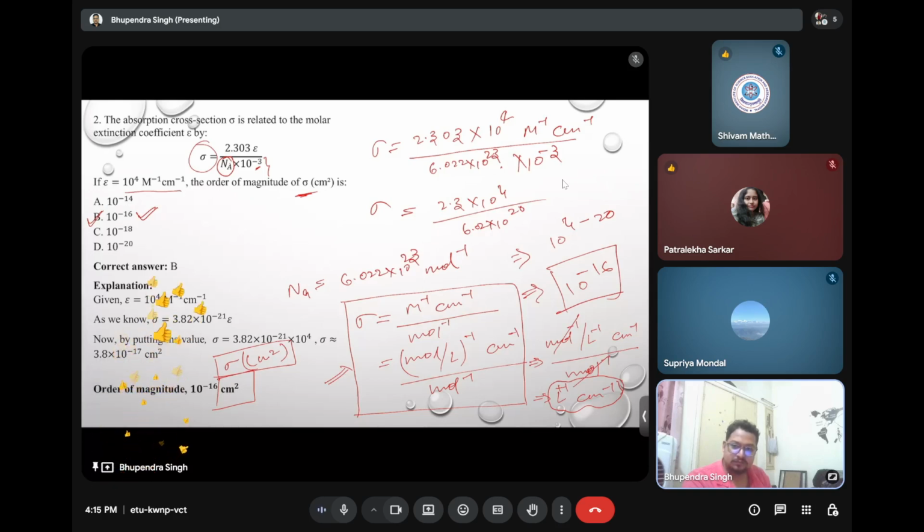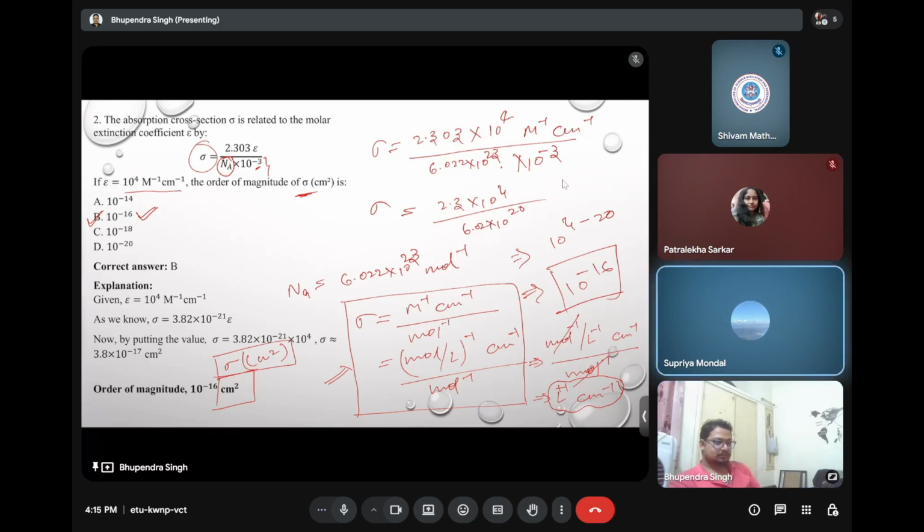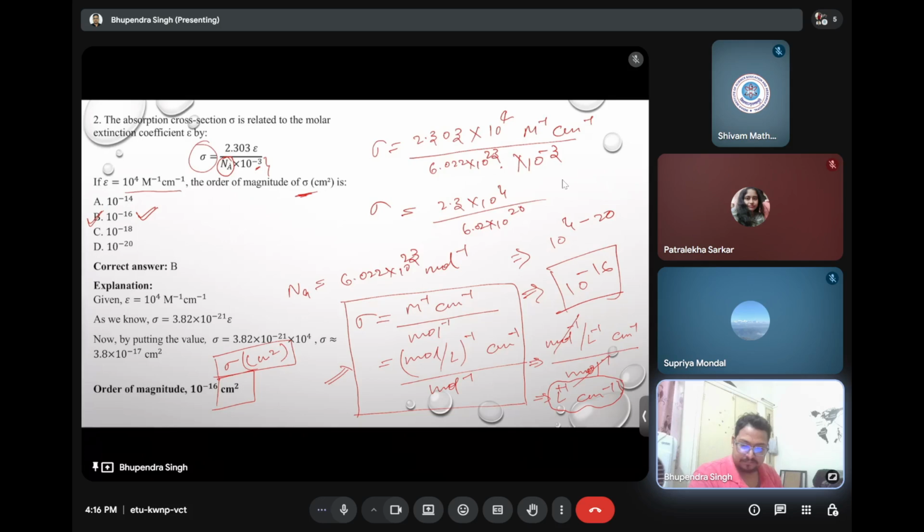Shivam is also with us. Supriya, did you get the centimeter square? So till here I have solved. Now my unit here is sigma equal to liter centimeter inverse.